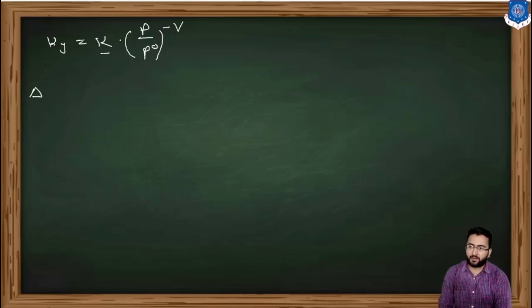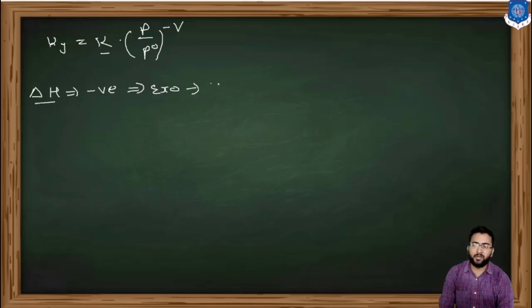We know that for an exothermic reaction, the value of delta H is negative. For an exothermic reaction, if we increase the temperature, then the equilibrium constant will also increase. So if this value increases, the equilibrium conversion is also increased.